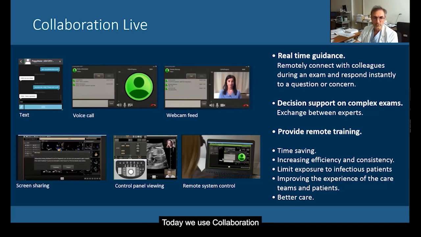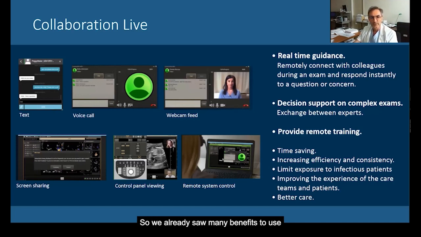Today, we use Collaboration Live in our daily practice to guide our colleagues in real time and to show how to scan, how to avoid foreshortening, how to improve the alignment of the acquisition, and how to do 3D acquisition, for example. We use it to provide feedback on complex exams and to provide remote training for our colleagues.